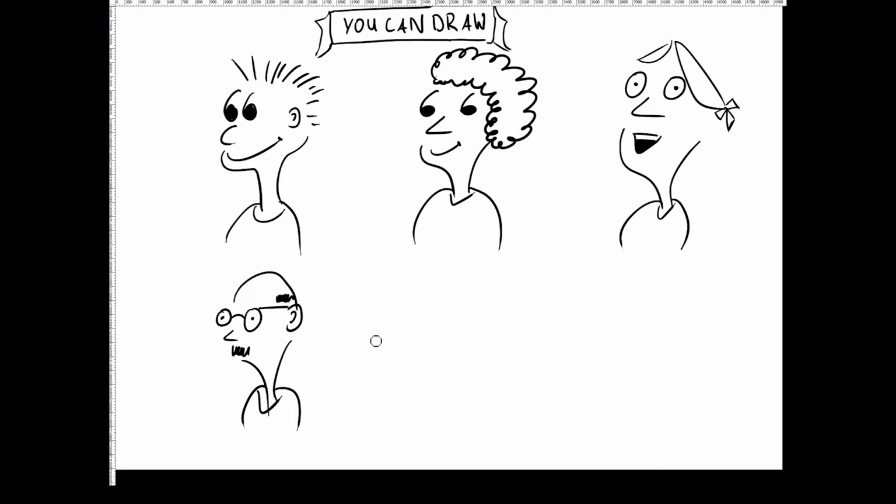Alright, so now draw two circles or balls again. Add some eyes. Add a nose. And now I'm adding a beard with lots of squiggly lines.